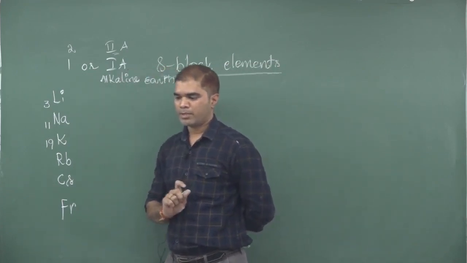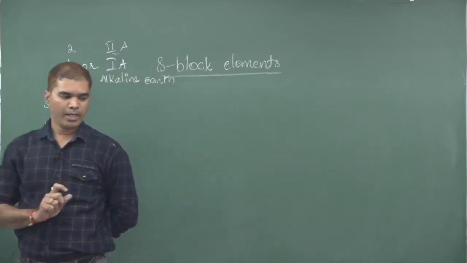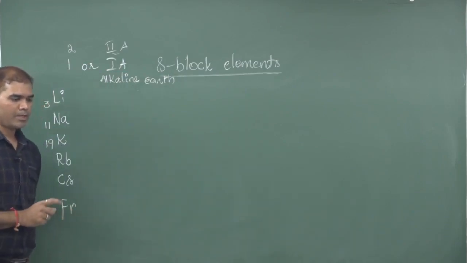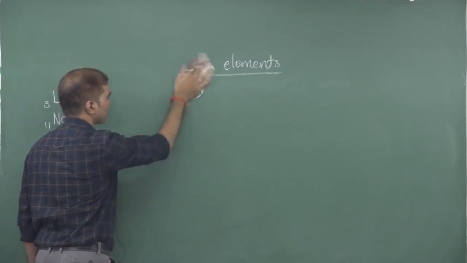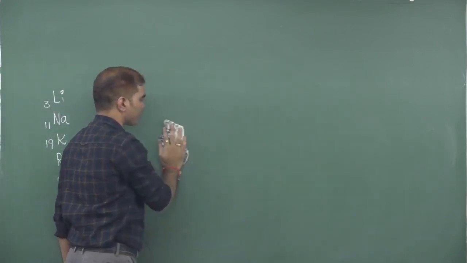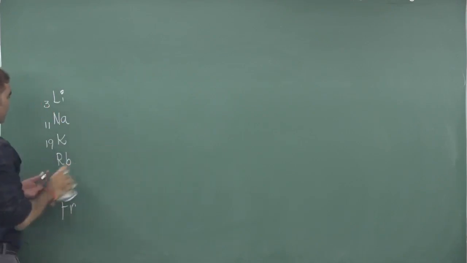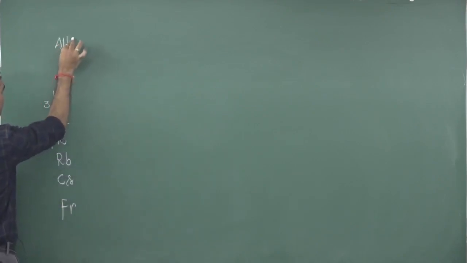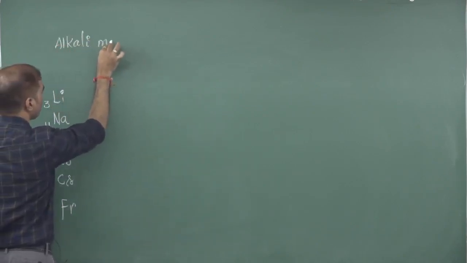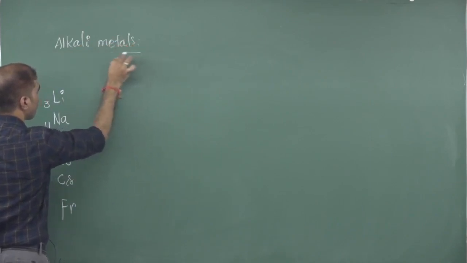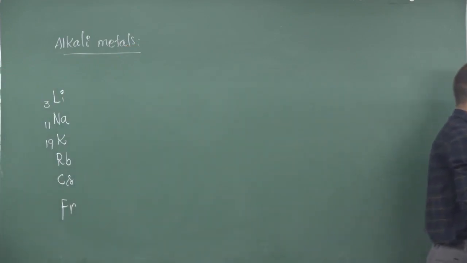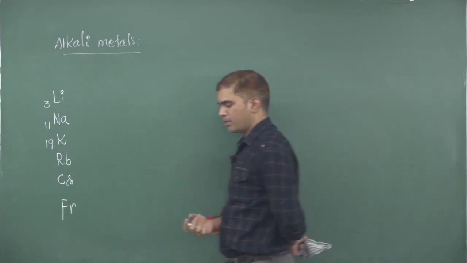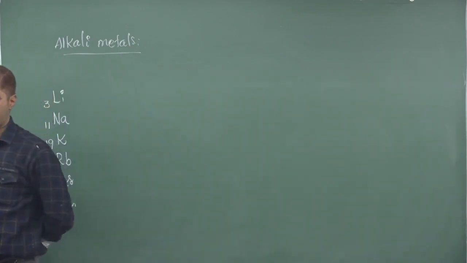Then put a separate heading as group 1A or alkali metals. Today we will begin with group 1A or alkali metals. The general electronic configuration is ns1.